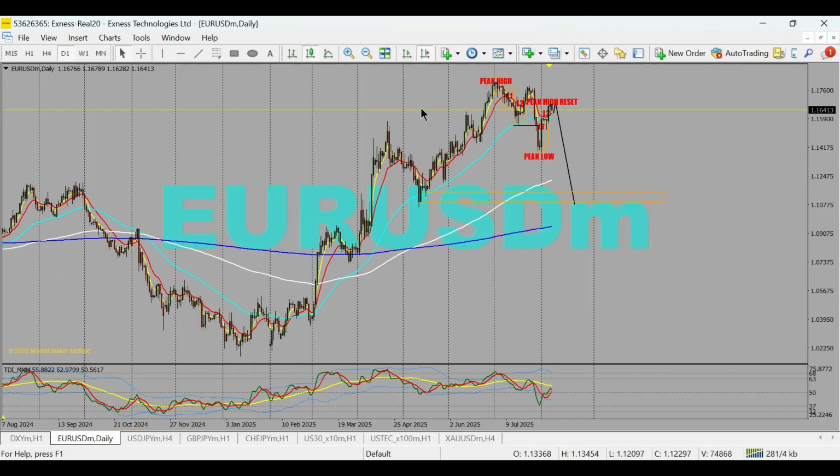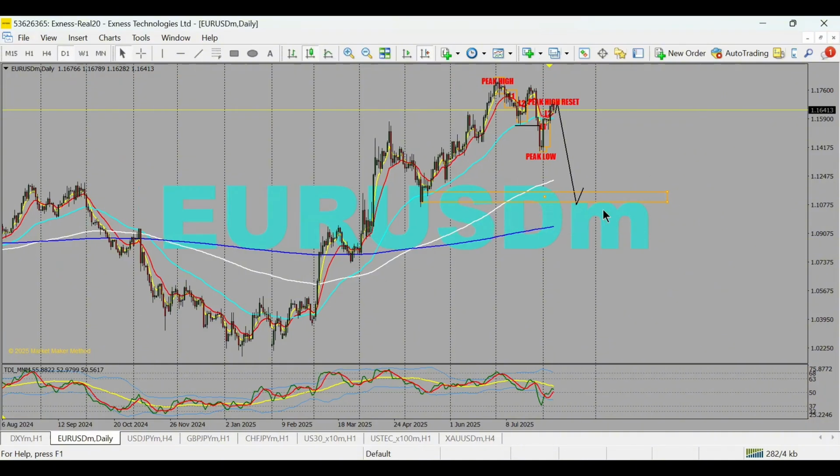So price is now to the downside. So I'm expecting price to reach this order block right here, right there. This is where I'll be expecting Euro USD's swing target right there. All right, so that's it on Euro USD.